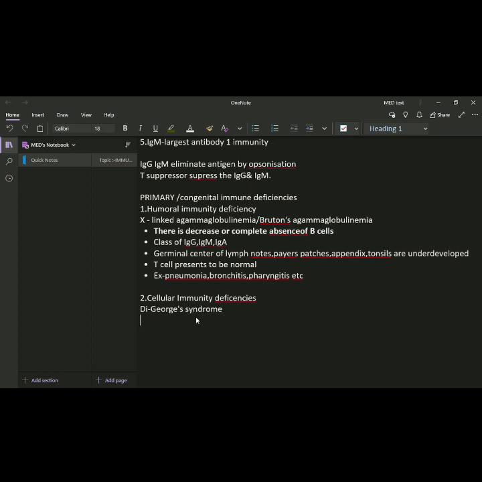As a result, there will be decrease or hypoplasia of thymus. Parathyroid glands may also be affected.